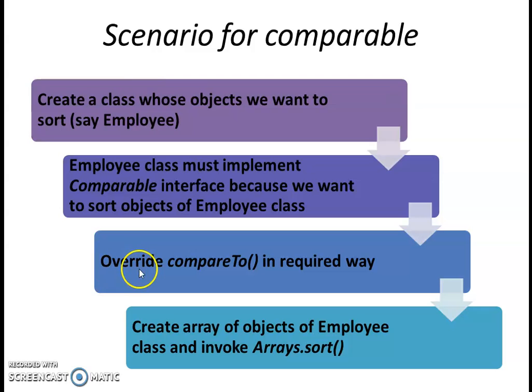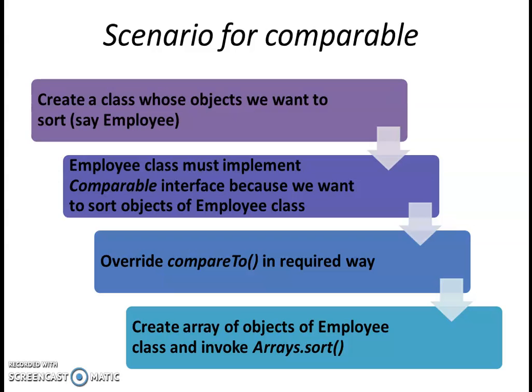Next, we need to override the compareTo method because this is the method provided by the comparable interface, and we must override this method according to our logic. Next, we are going to create an array of objects of the Employee class so that we can invoke the Arrays.sort method on that array to sort objects of the Employee class, right?